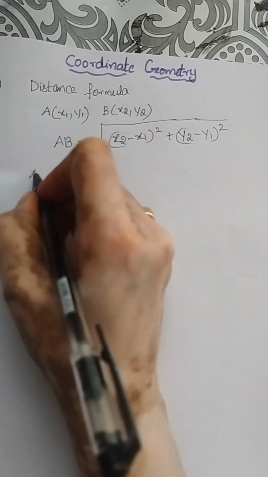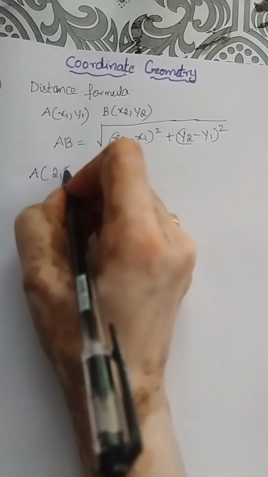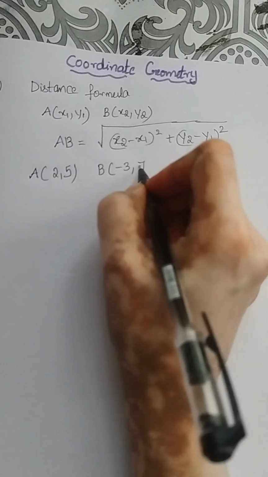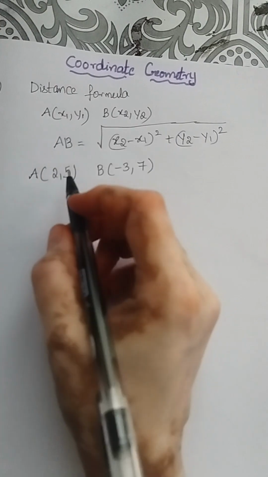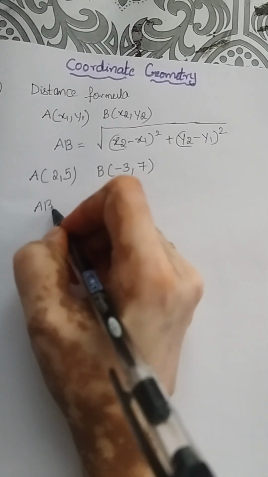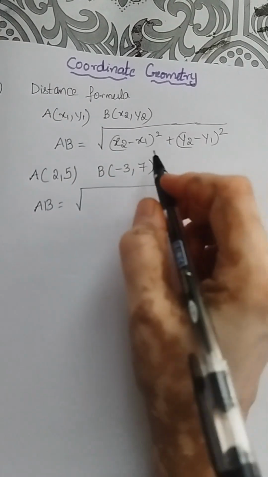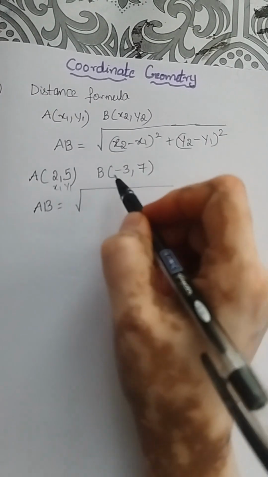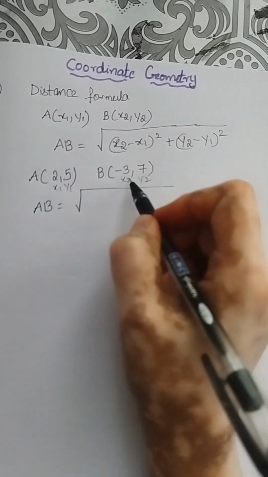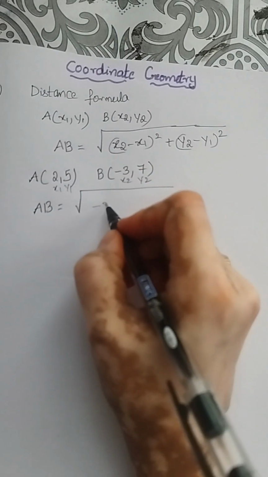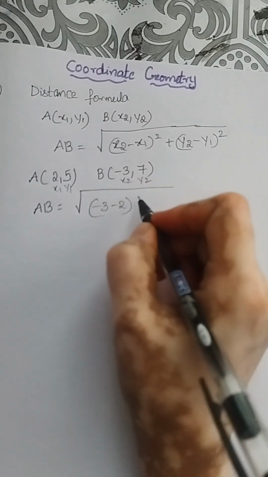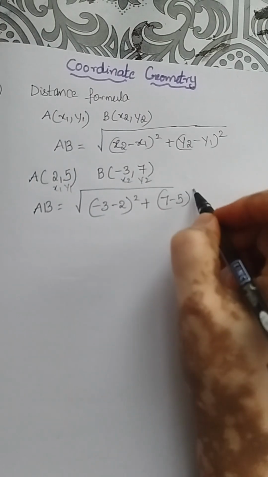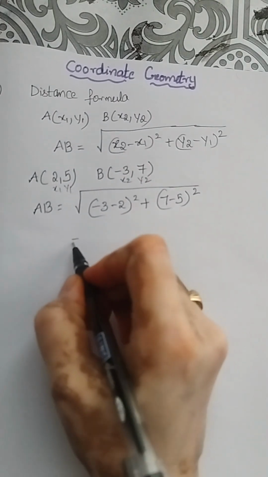Find the distance between A (2, 5) and B (minus 3, 7). So AB equals square root of (x2 minus x1) whole square plus (y2 minus y1) whole square, where this is x1 y1, x2 y2. So (minus 3 minus 2) whole square plus (7 minus 5) whole square.